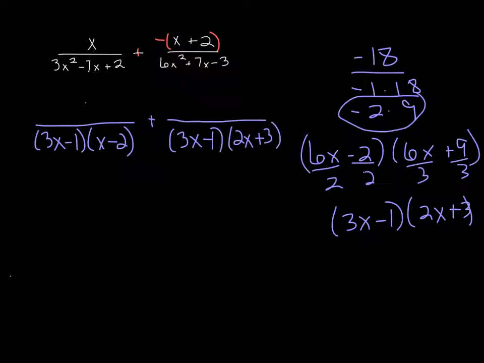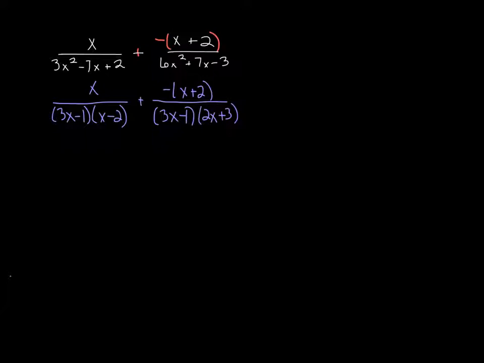All right, and then our numerators, we're just leaving alone for now. If they could be factored, you would not want to factor your numerators. Leave them in expanded form. Okay, now we are ready to look for our common denominator.